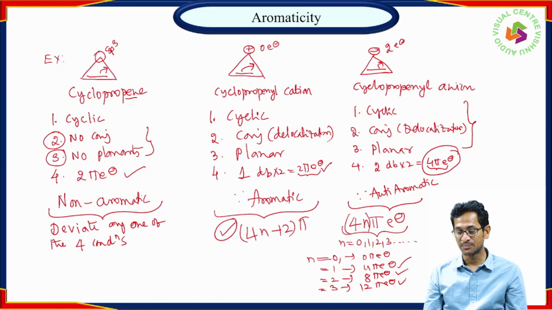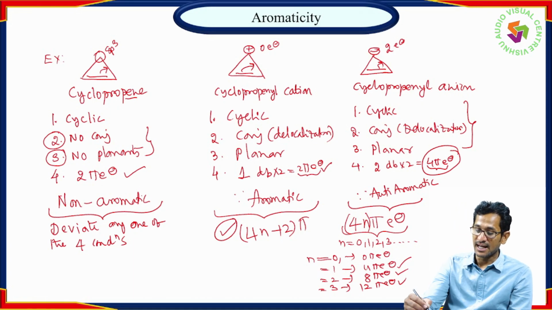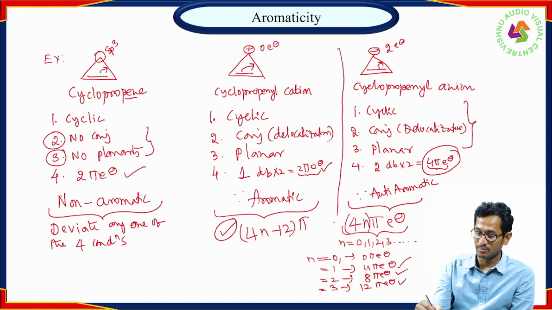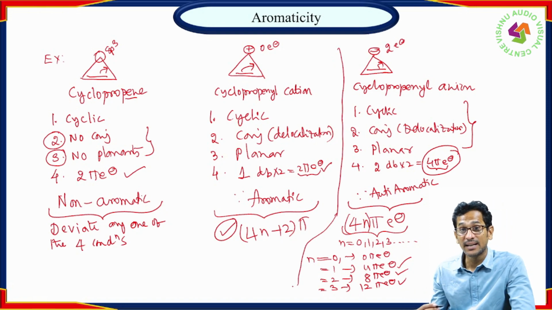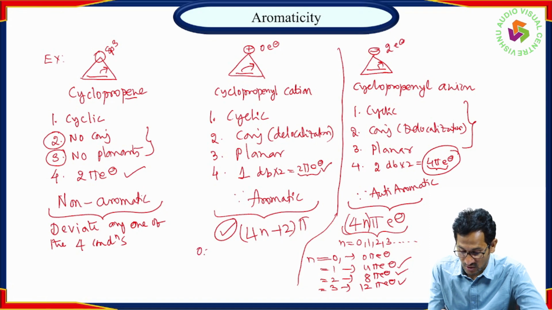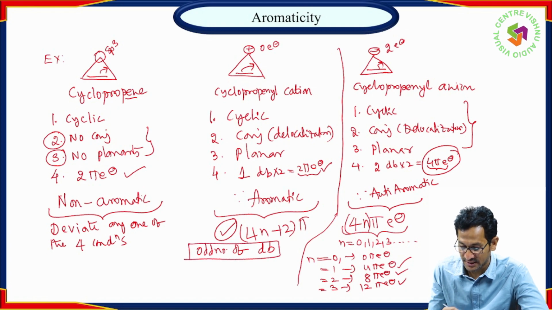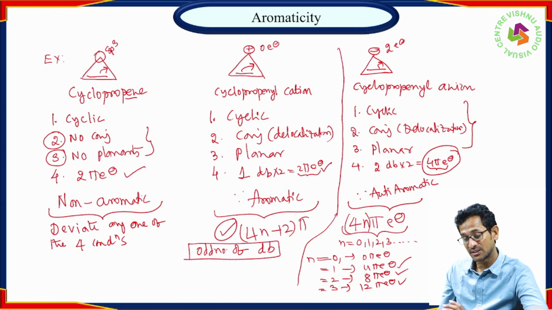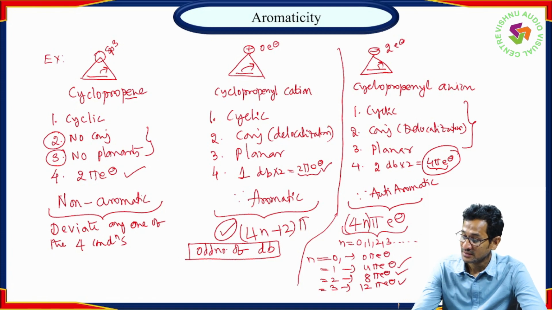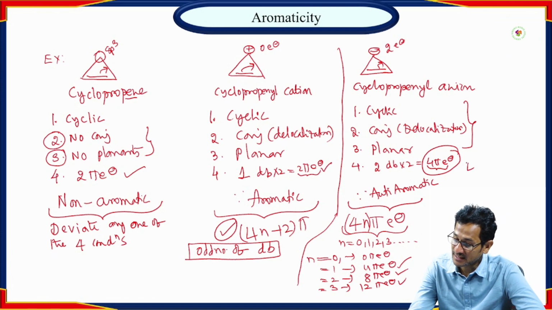One more thing we have to observe: in between the aromatic and anti-aromatic compounds, the aromatic compounds have an odd number of double bonds in the given compound, whereas the anti-aromatic compounds have an even number of double bonds.